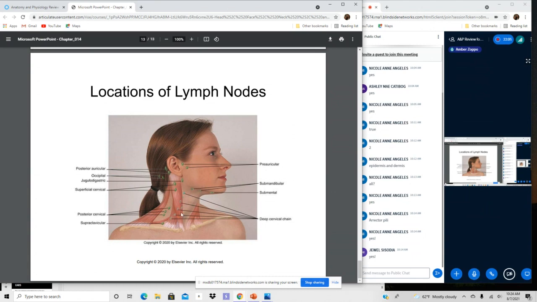And eventually, the deep cervical chain will empty into the right lymphatic duct and into the thoracic duct. The right lymphatic duct is located on the right side of the body, and the thoracic duct is located on the left side of the body. And those drain into the venous system near the subclavian and internal jugular vein.